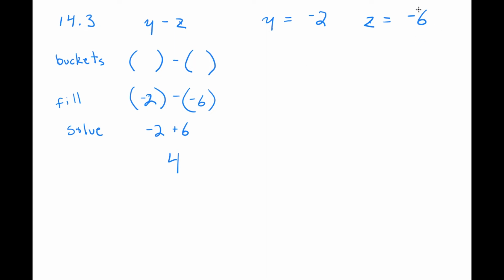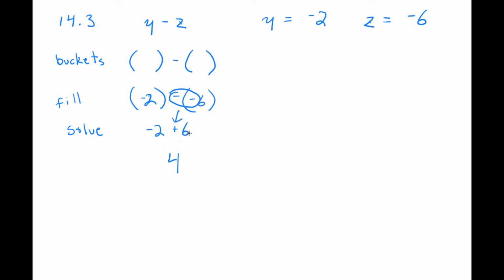And then I took the value negative 6 and put it in where the z was. And then after I filled my buckets, I simplified. So I had 2 negatives, a pair of them that made a plus sign. And so then I just removed my parentheses that made my buckets, and solved it.